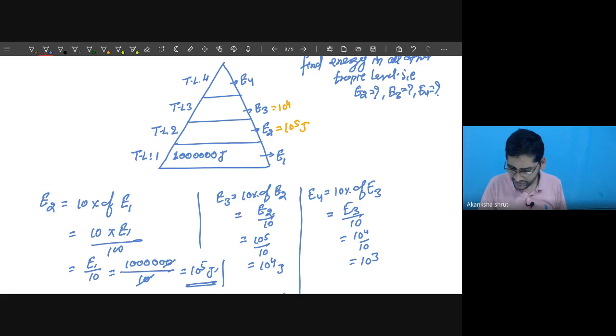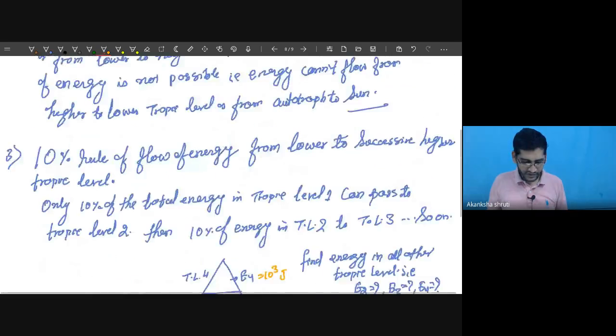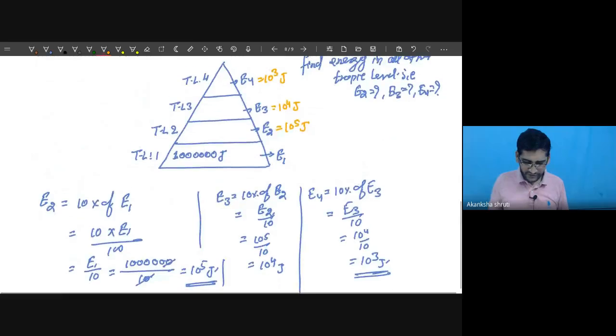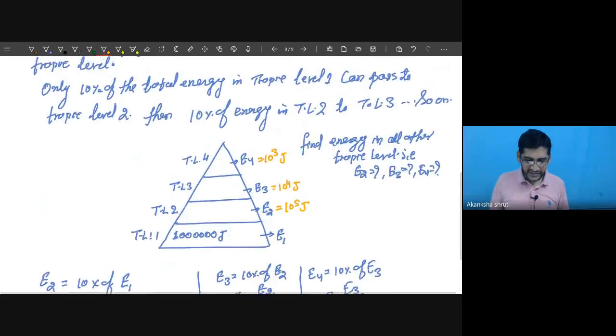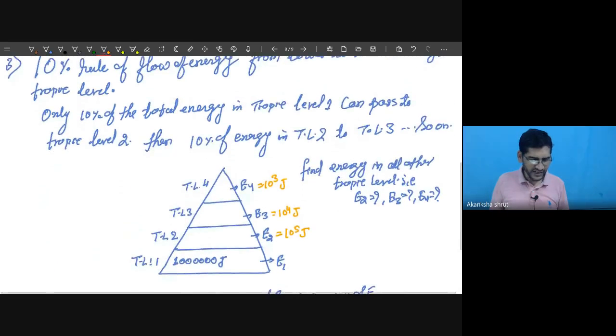Do not forget to write the unit joule. So this is the rule of transferring energy. This way the question was asked, and these were very simple. It is also asked in your MCQ. So you just have to keep in mind where the remaining energy is going.